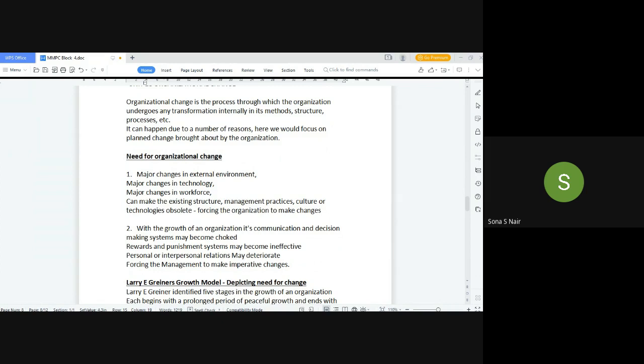Okay, let's continue. So, when there are major changes in the external environment, these major changes can make the existing structure, the management practices, culture, or technologies that we've been following till now obsolete. And they would force us to make changes. Let's take an example: petroleum.